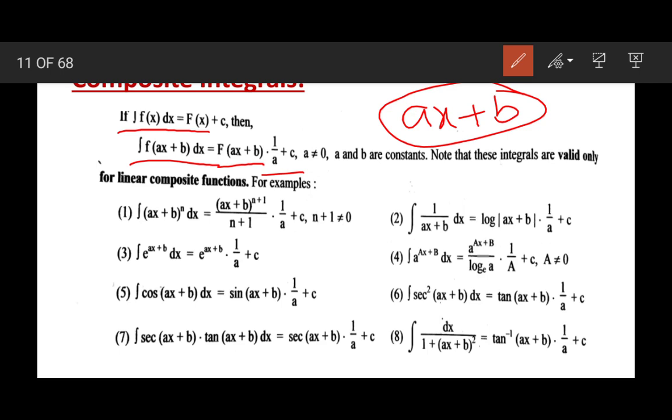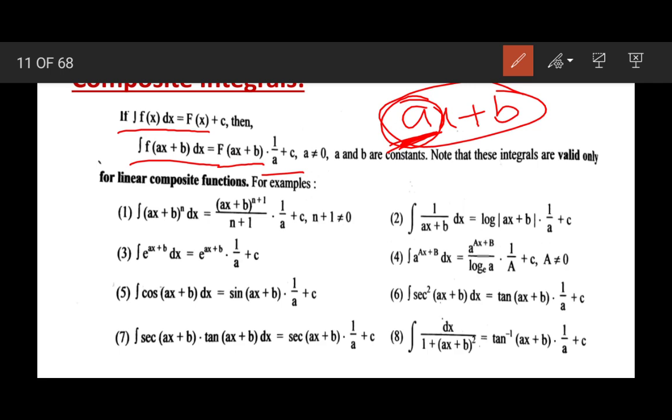That means in integral we always have to divide the integral by the coefficient of x. First find the normal integral using the standard integral formula, and then just divide that integral by the coefficient of x.